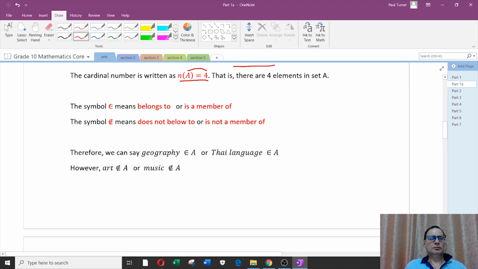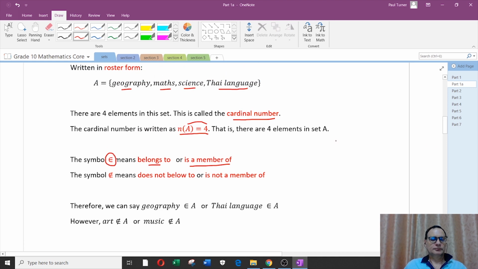Now this symbol can be said in 2 ways: belongs to, or is a member of. So in our previous example, we can say that geography is a member of set A, that's here.